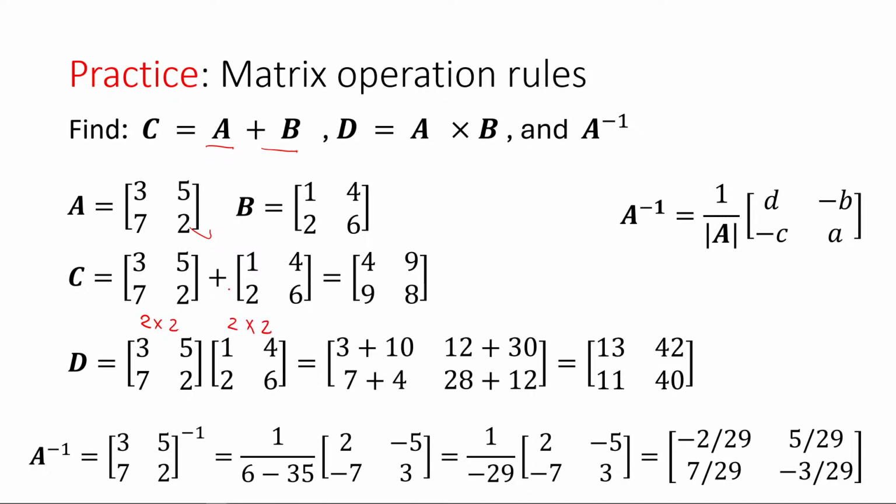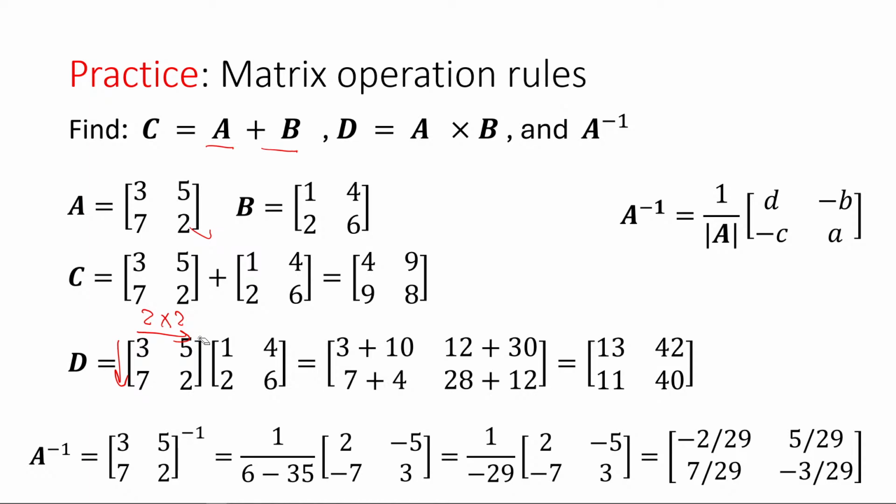If I want to know whether I can multiply these two matrices or not, if this 2 is equal to this, then I can multiply and the resulting matrix will have the dimension of 2 times 2. So 2 here means 2 rows times 2 columns.